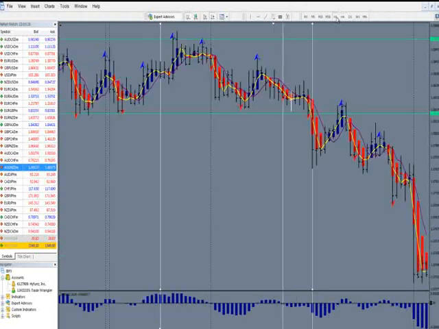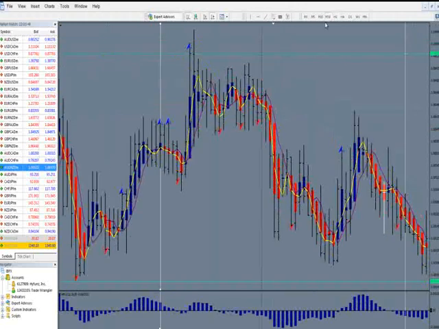Okay, the 1 hour said, yeah, it's weak, it's going sideways, but it was above. The 30 minute said yes, but look how it was going sideways. So you say, well, maybe I don't want to take that, but you may have wanted to take it right here.